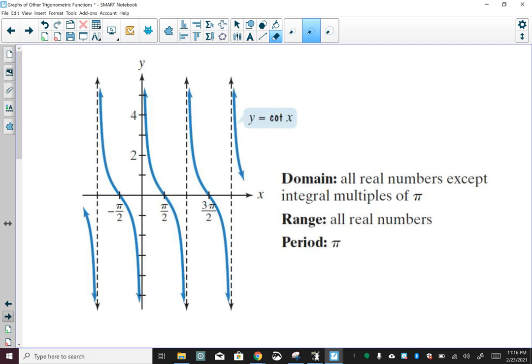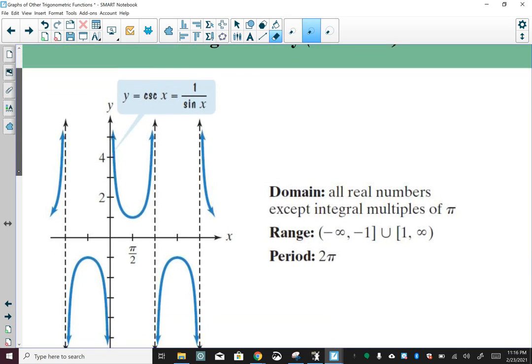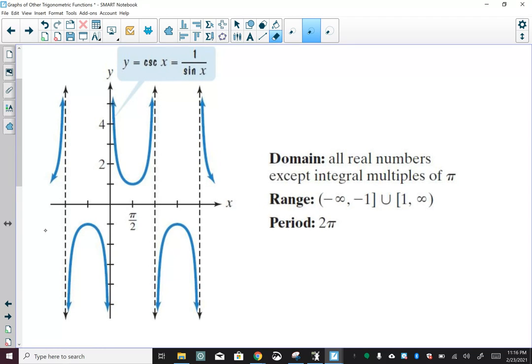And then you have cosecant. Basically, you're going to draw your sine graph first, and then everywhere your sine graph crosses the x-axis, you're going to wind up having an asymptote, and then you'll have your U's touching the actual peak and valley.